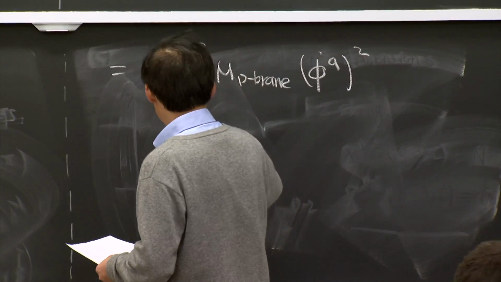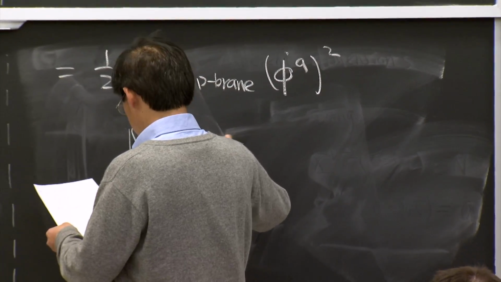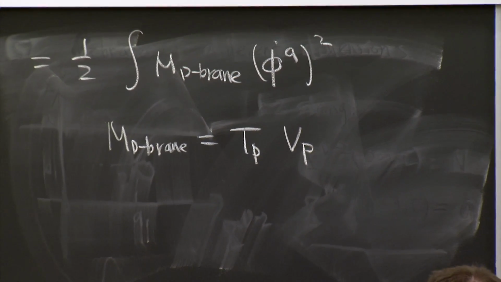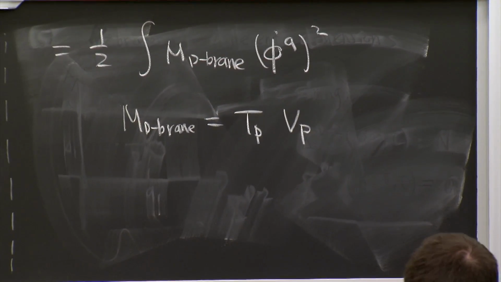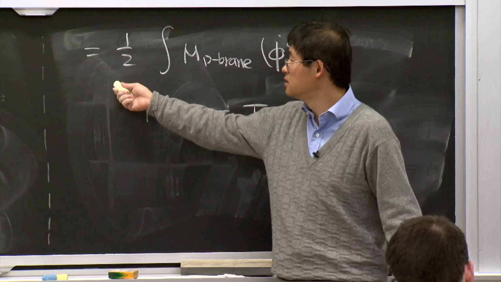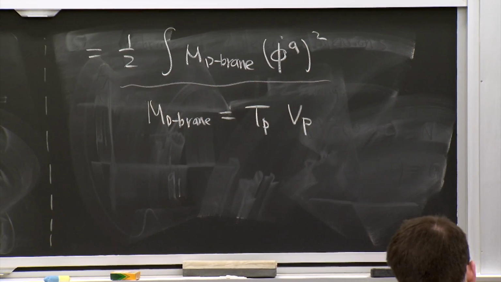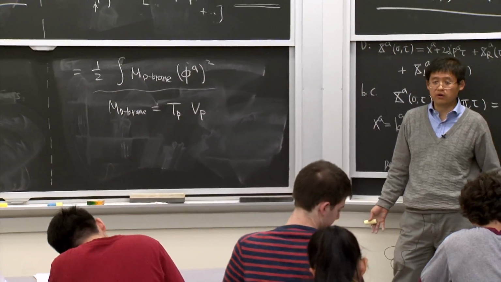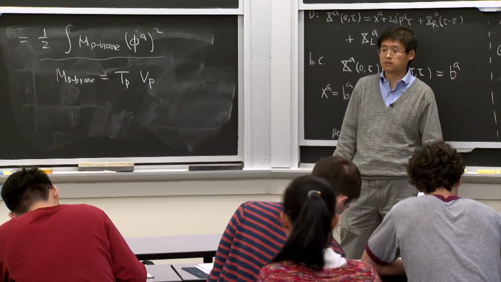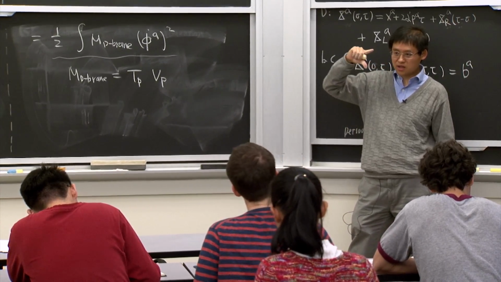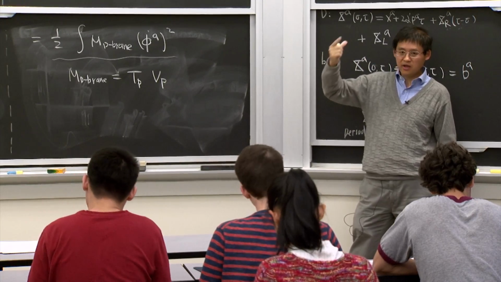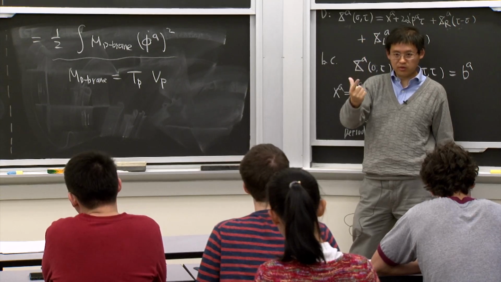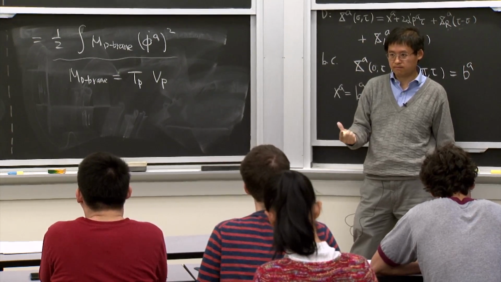And m D-brane is equal to Tp times the volume. So you see, this is precisely like a particle, like the whole brane moving, the non-relativistic motion of some object. So again, this gives you the interpretation that phi can be interpreted as the degree of freedom which describes the motion of the brane.